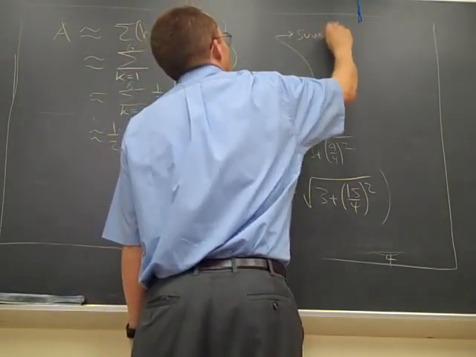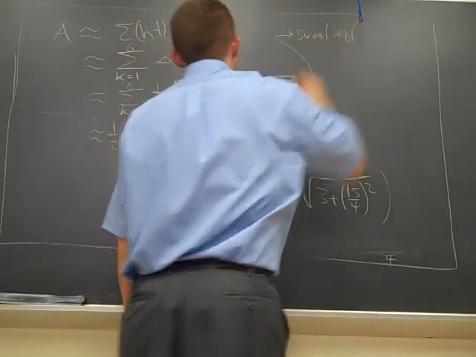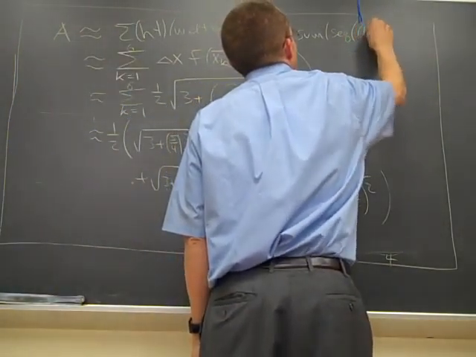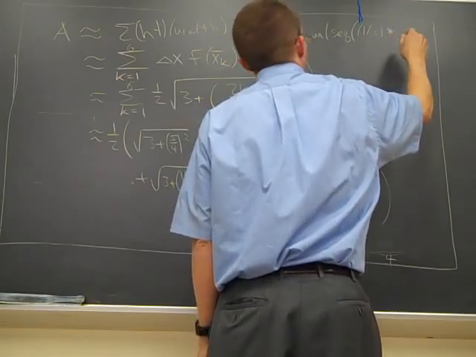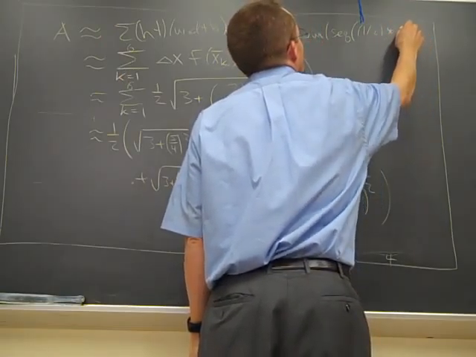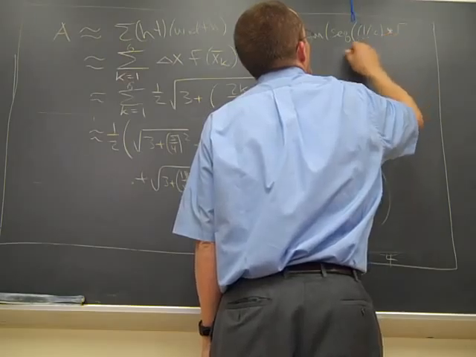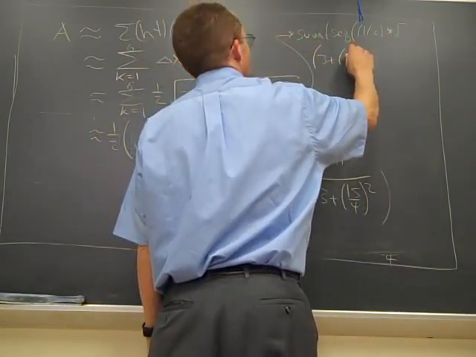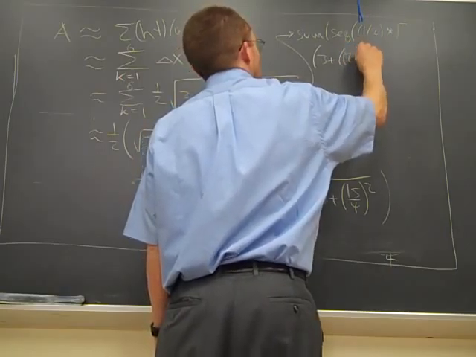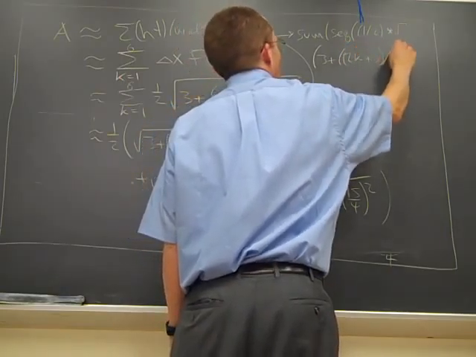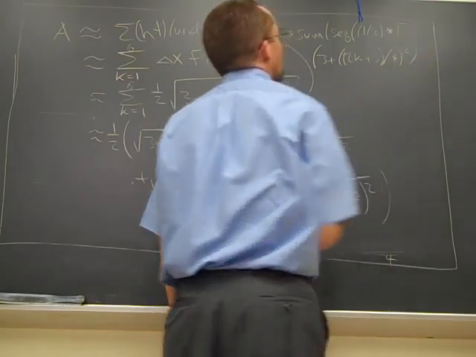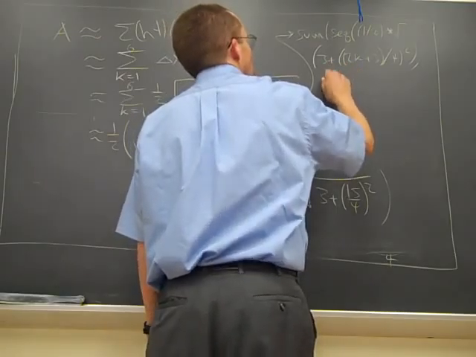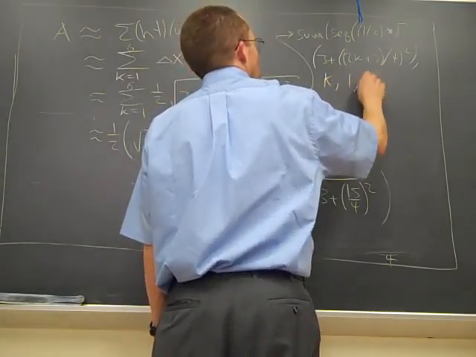You could do sum of a sequence where this is the formula for the sequence, 1/2 times the square root of 3 plus, parentheses, 2k plus 3 over 4 squared, close for the square root, and then k, 1, 6.